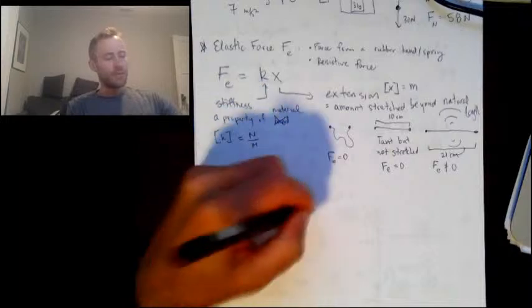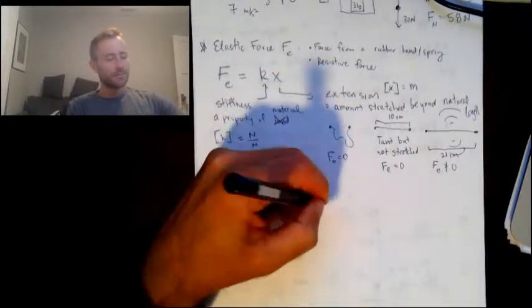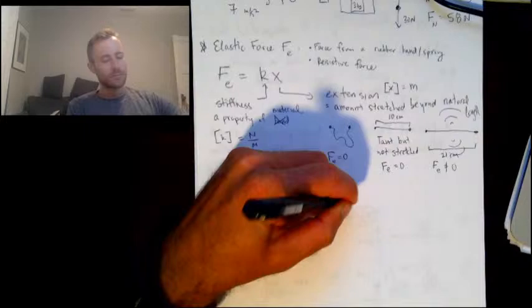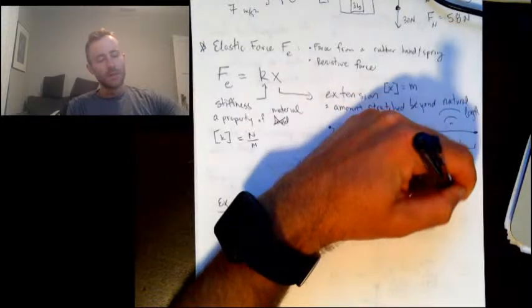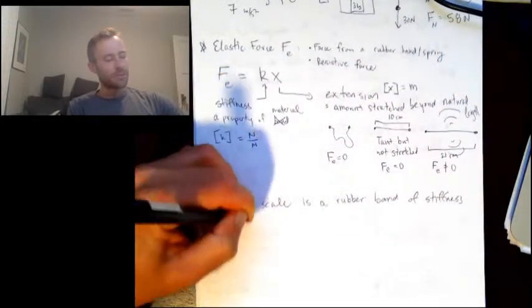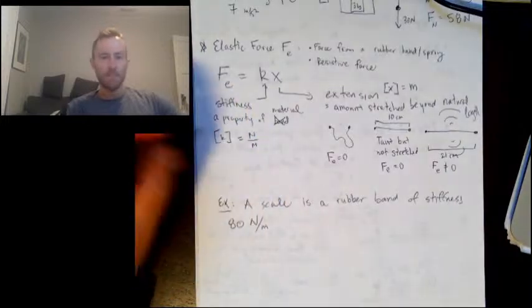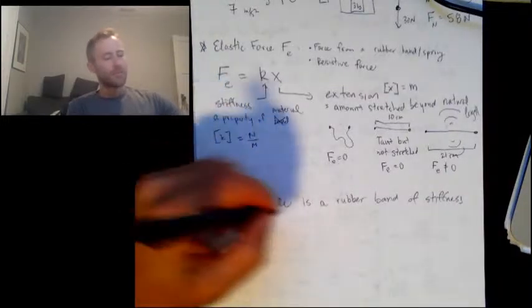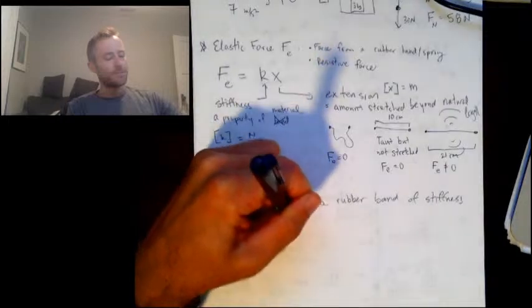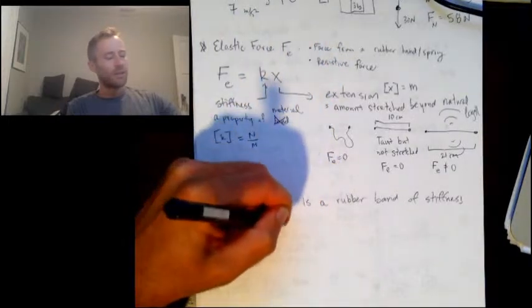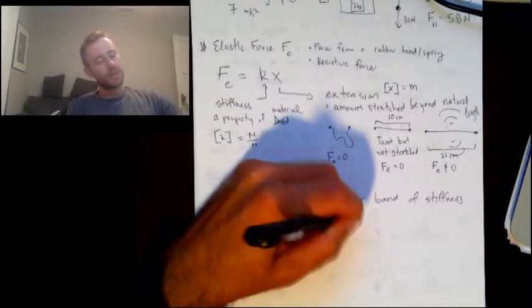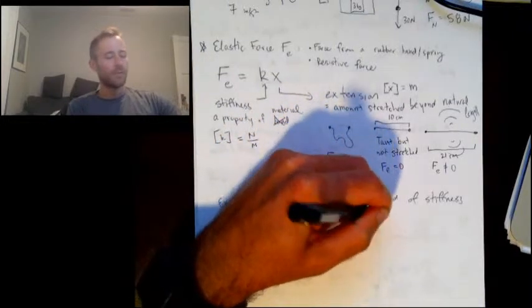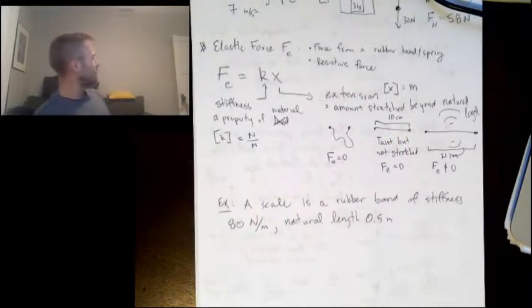What if a scale is a rubber band of stiffness, let's say 80 newtons per meter, and let's say it has a natural length of 0.5 meters.